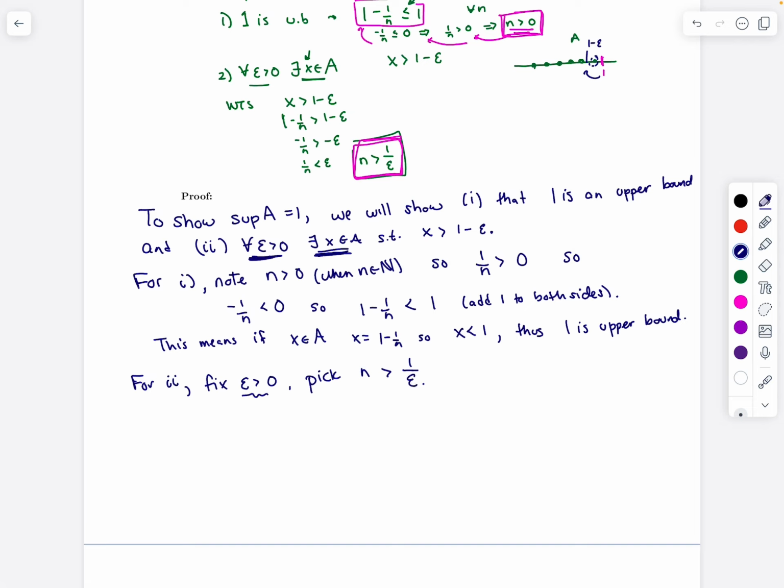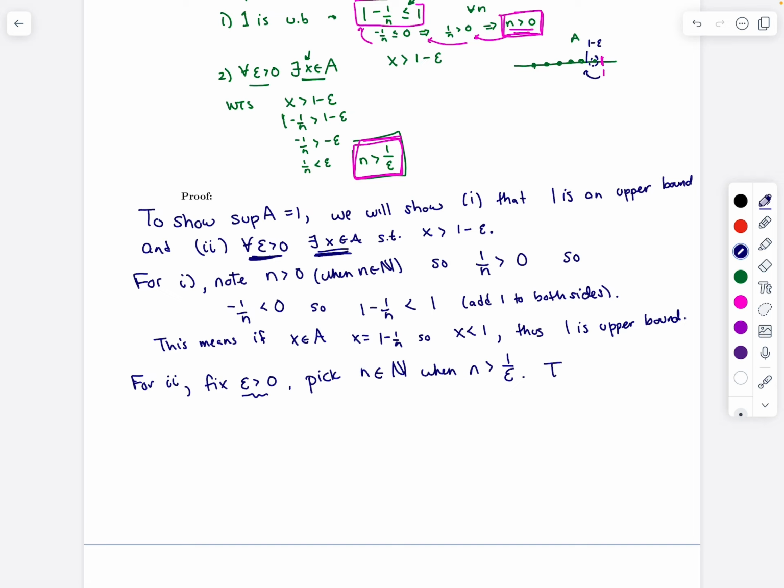I fixed my epsilon, so I can calculate 1 over epsilon, and I can then find an n bigger than that. Maybe I should specifically say that n is a natural number bigger than 1 over epsilon, which we can do by the Archimedean principle or the unboundedness of the naturals. We're just going to go ahead and say that we can do that.